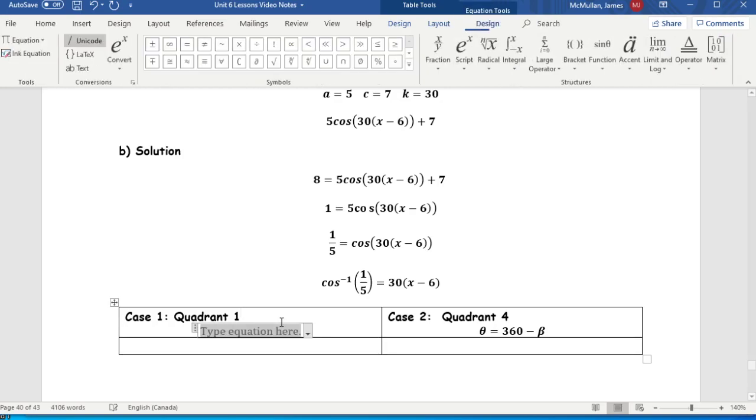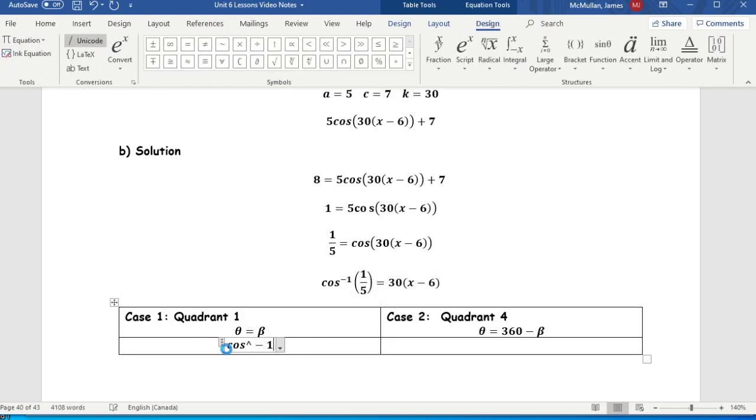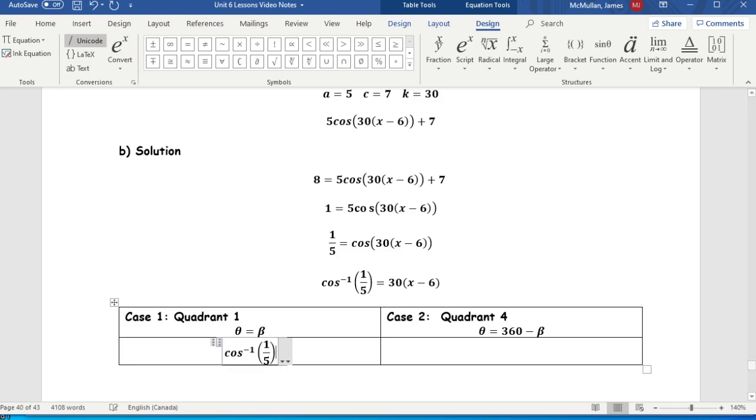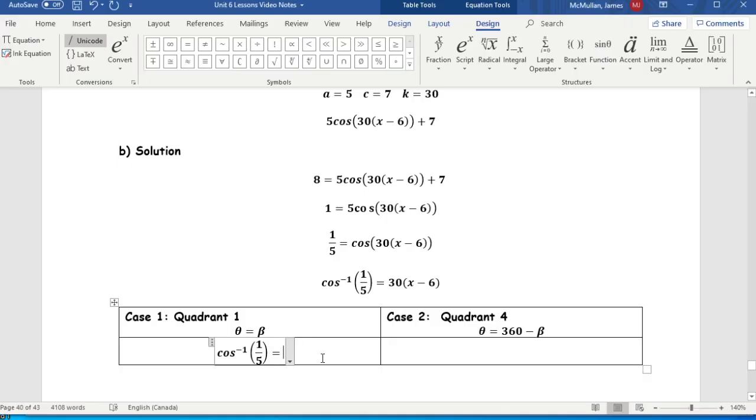In quadrant 1, theta is just equal to beta. So whatever our calculator tells us is going to be one answer. So inverse cos 1 over 5 gives me 78.46 degrees.